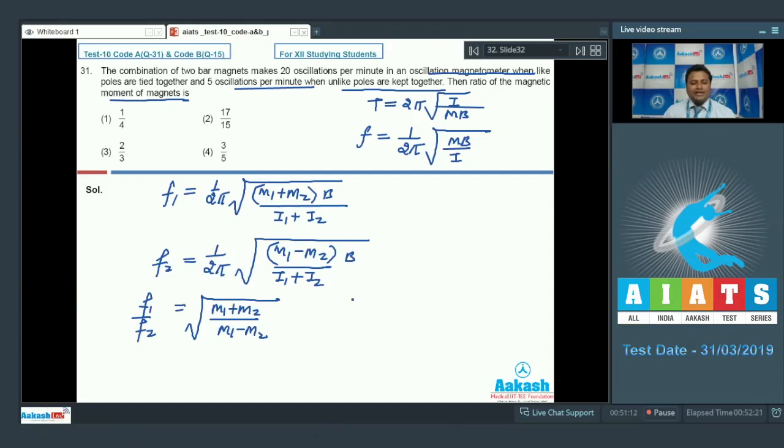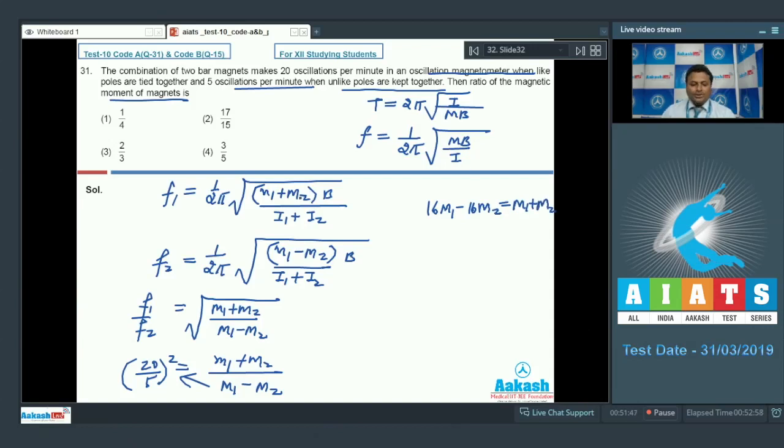Squaring both sides, we get (f1 upon f2) squared, that is (20 by 5) squared, equals (m1 plus m2) whole divided by (m1 minus m2). 20 by 5 squared gives 16 only. Cross multiply, you will get 16 m1 minus 16 m2 equals m1 plus m2.